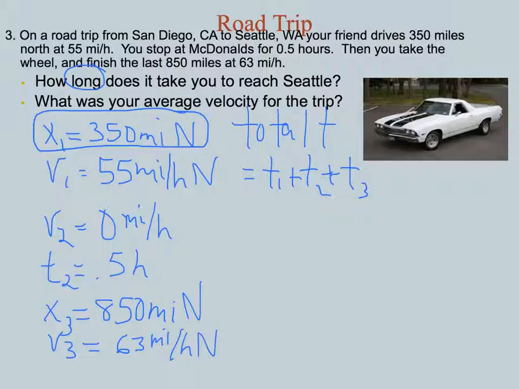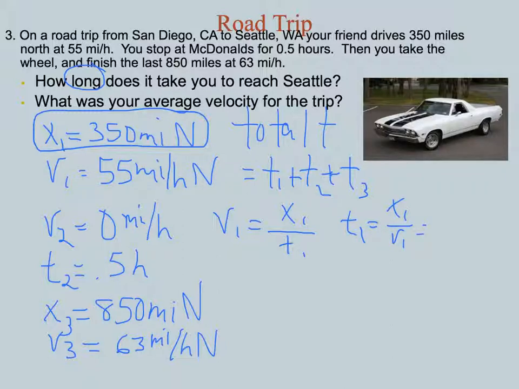So let's find the time for the first segment. V1 equals X1, or you could put triangle X if you want, over T1. I'm trying to find T1. If I rearrange, T1 would be X1 divided by V1.